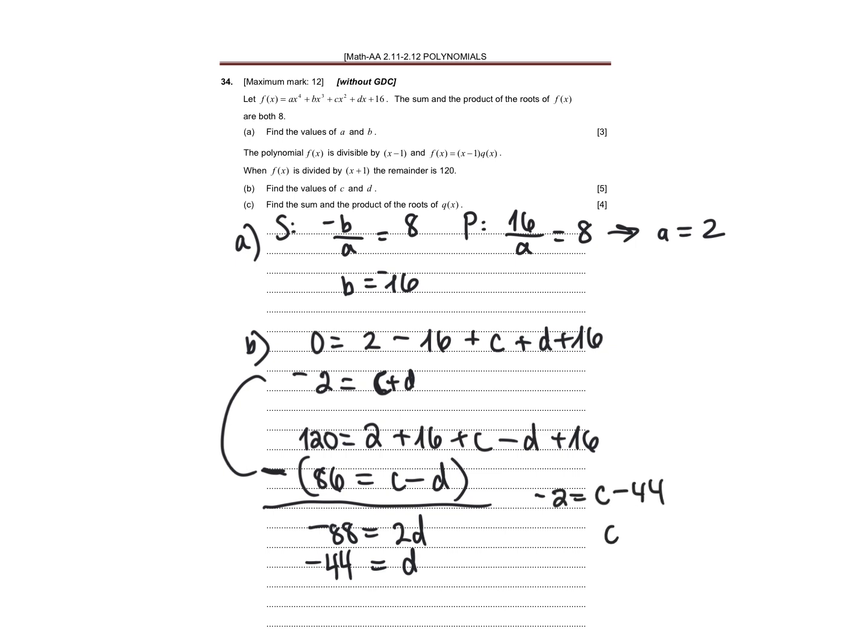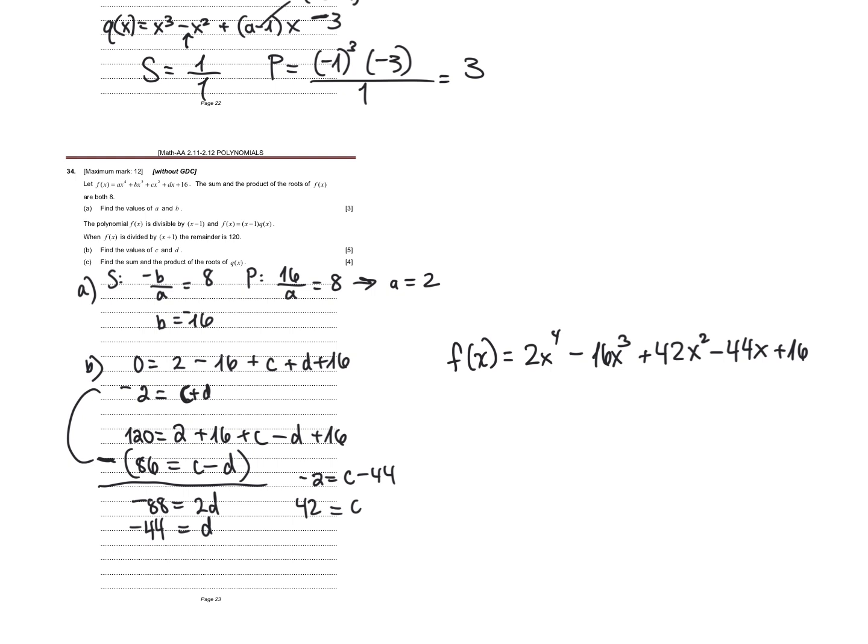So c is 42. So we will have f of x equals 2x to the 4th minus 16x cubed plus 42x squared minus 44x plus 16.